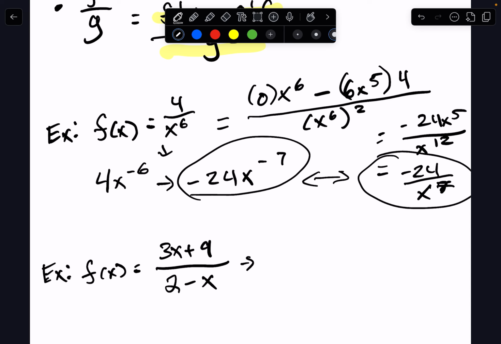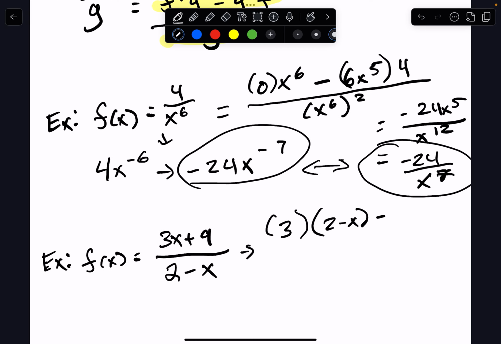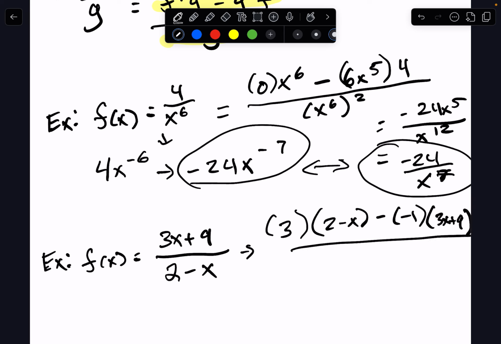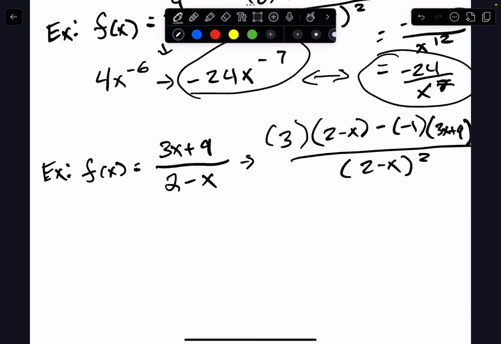So you get 3 ultimately from this, and then you take the denominator value, and you subtract the derivative of the denominator, which in this case will just be negative 1, because the constant cancels out there, and then you multiply by 3x plus 9. Then you do g squared, so you do 2 minus x, squared. And then you just simplify from here.